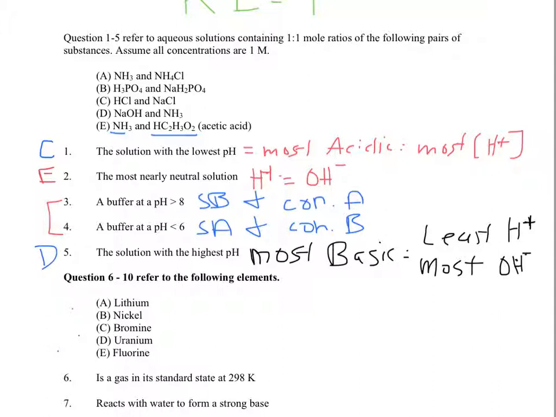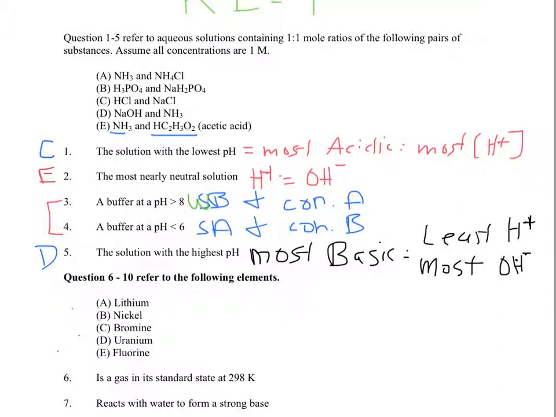Well, now that leaves us with a few other things. I made a mistake in what I wrote right here, and this is why buffers are my weakest part. Where it says buffer of a pH greater than 8, please write that as a weak base.